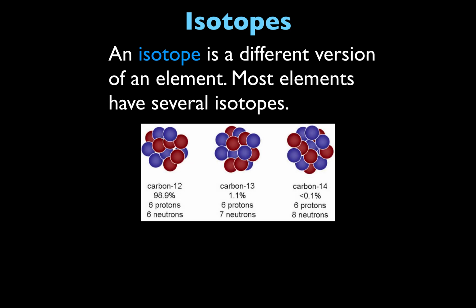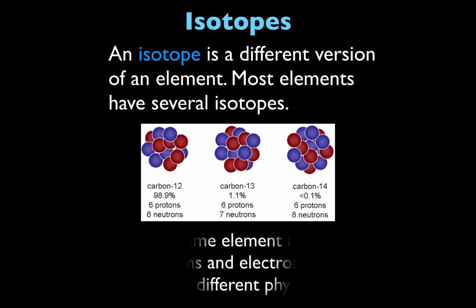You know that carbon is an element, but carbon can come in different forms. There's a carbon-12, a carbon-13, and a carbon-14. And those different numbers represent different masses of the carbons.